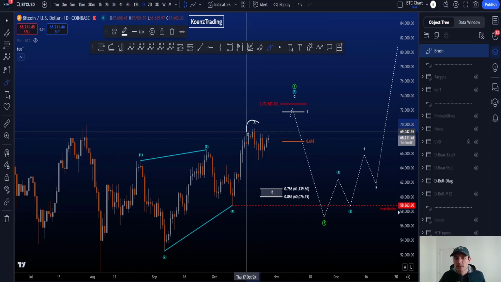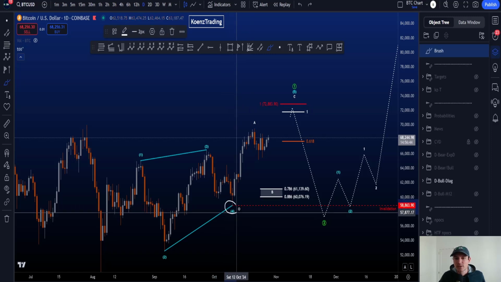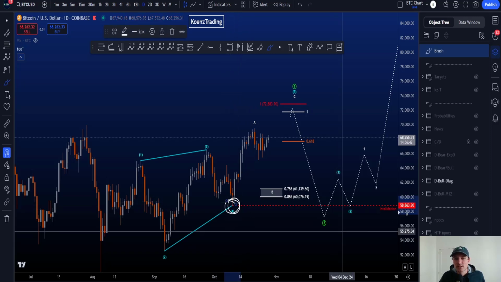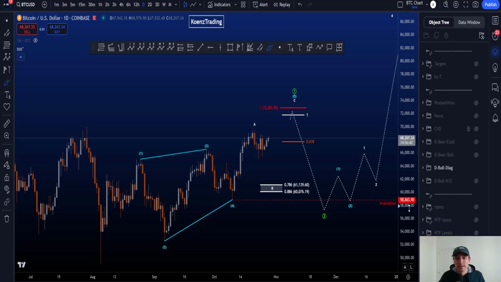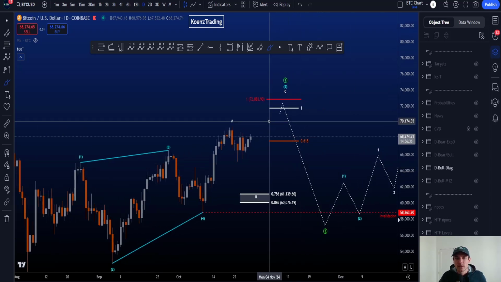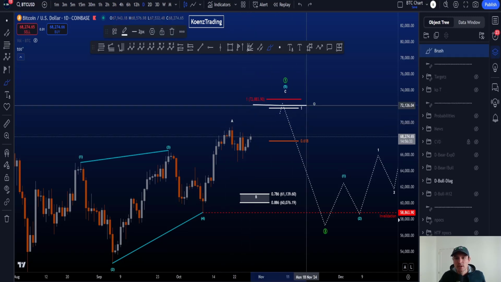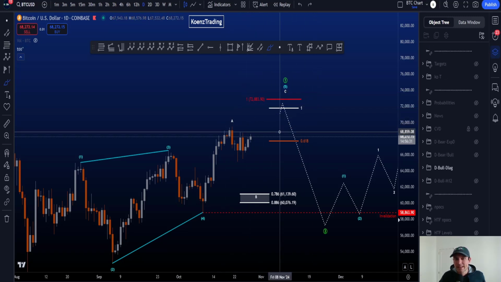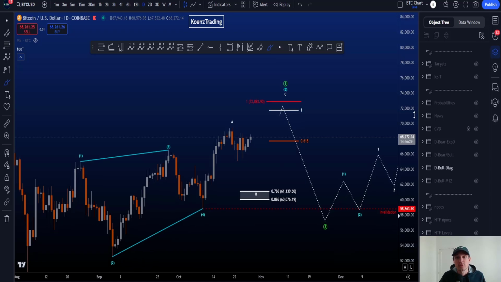As long as price does not take out this high, the invalidation for this scenario is taking out this low, again at 58.8k. And what we're looking for here locally is price to take out this high but not move above 72.8k, as that would be another invalidation of this scenario.